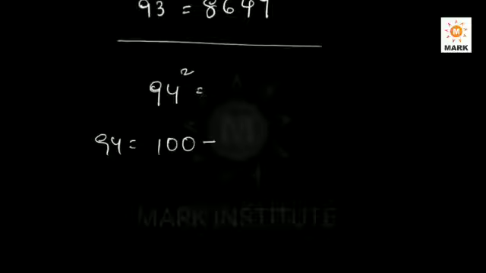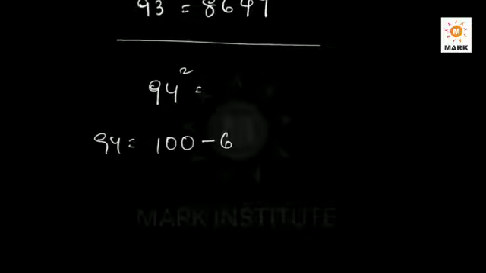Suppose you need to find the whole square of 94. 94 is 6 less than 100. So that is why I am writing 94 minus 6.